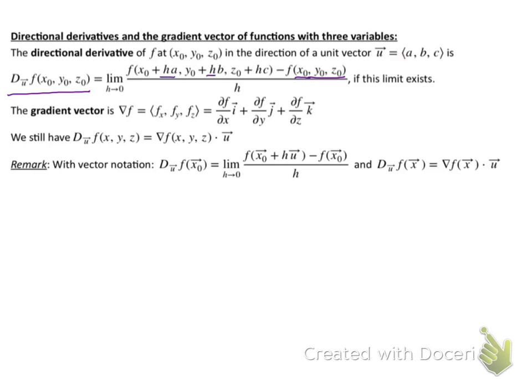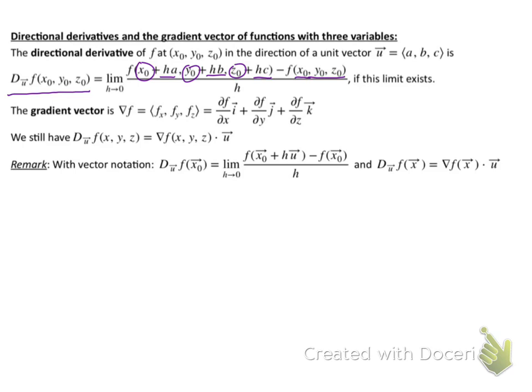You go on top of your original point x0, y0, z0, and then you look at the value, how much it changed. Then of course you take the limit. If the change is so infinitesimal, h approaches 0, the change of the output over the change of how much you go along the vector, that's our h. If the limit exists, that is our directional derivative.